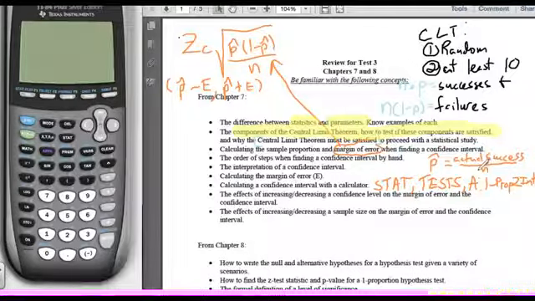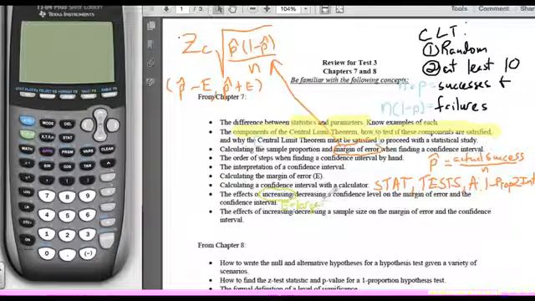Final 2 bullet points are related. The effects of increasing or decreasing a confidence level on the margin of error and the confidence interval. To begin with, if you increase the confidence level, if you go from 90% confident to say 99% confident, that's going to make the margin of error larger.